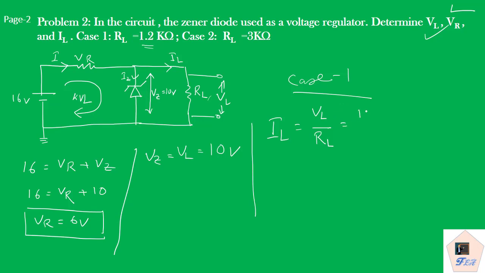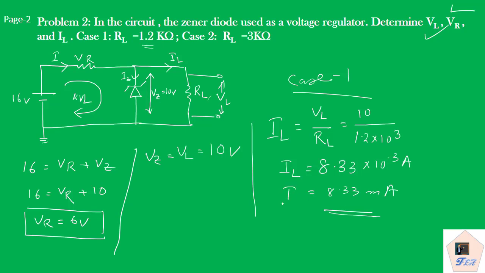So we are getting it as 10 divided by 1.2 into 10 to the power 3. So pause the video and do the calculation on your own. I have pre-calculated this and this value we are getting as 8.33 into 10 to the power minus 3 ampere, which is 8.33 milliampere. So case 1 we have found that IL is 8.33 milliampere.